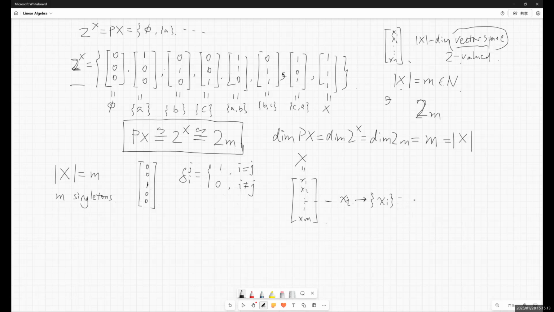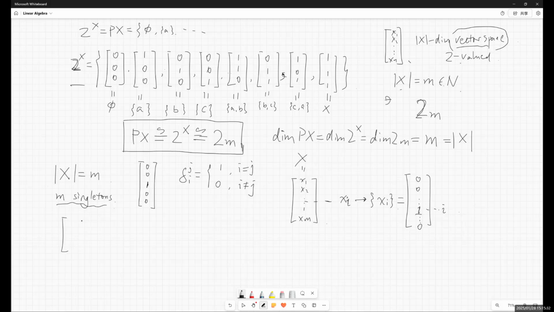This xi can be represented by 0, 0, 1, 0, ..., where 1 is at the index i. So we have m singletons.